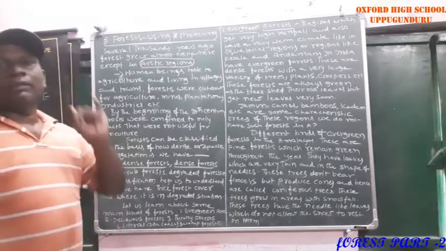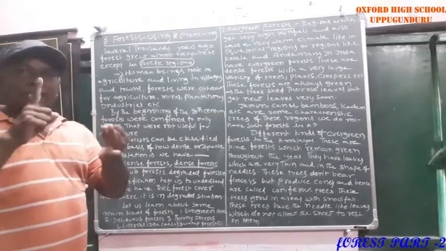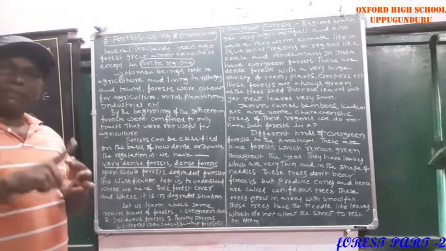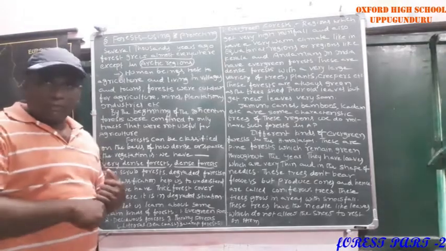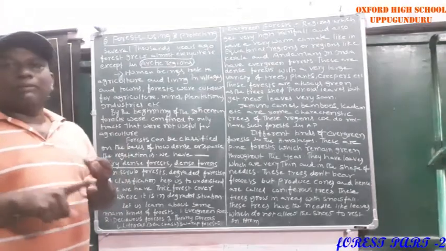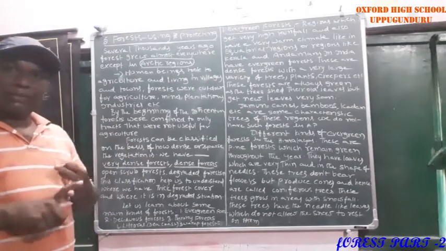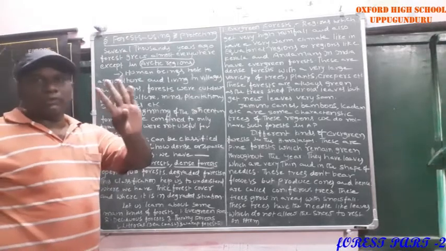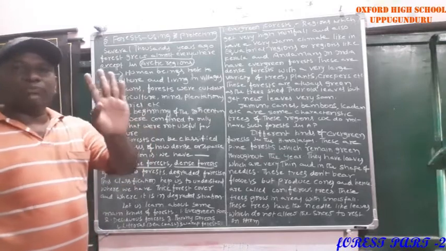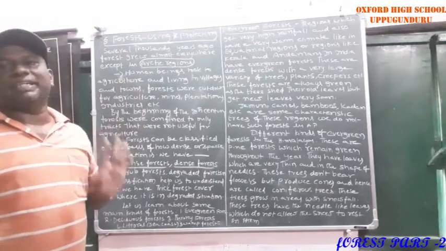Tell me once again: evergreen forest, deciduous forest, littoral forest, and thorny bush forest. In your textbook, these four classifications of forests are given.